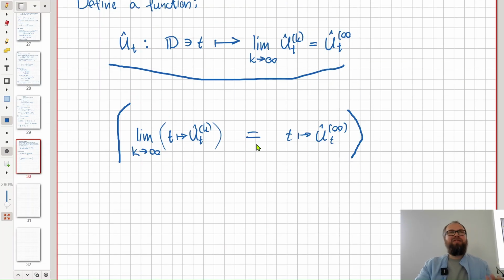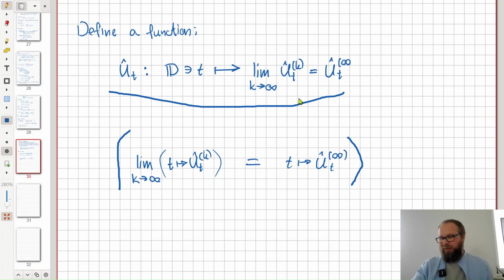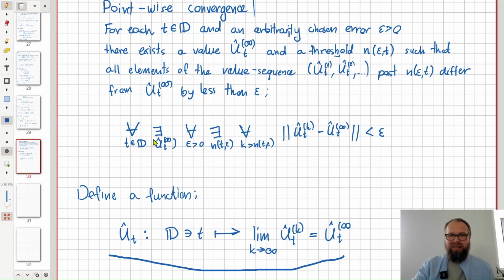So how to achieve this dream? And it turns out it's kind of simple, actually. But to realize what is the thing we have to do, let us re-examine this pointwise convergence first.